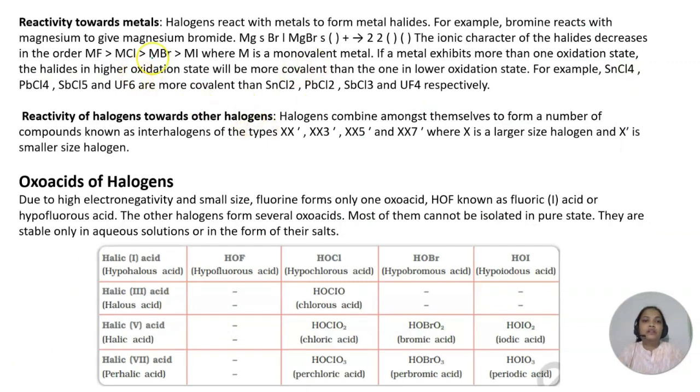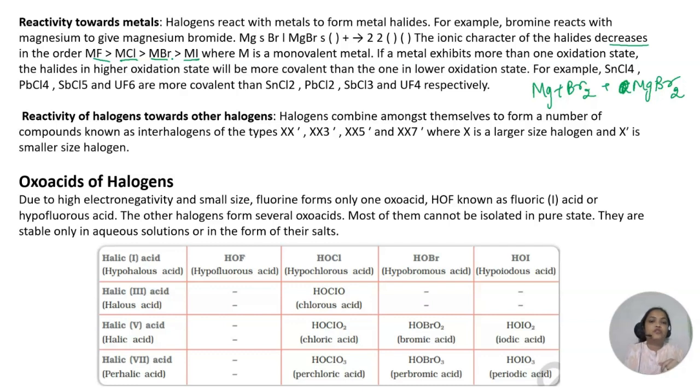Then you should know the reactivity towards metals. Like magnesium plus bromine, they will react together to form magnesium bromide. And the ionic character of halides decreases in the order MF, MCl, MBr and MI, means the ones with fluorine will be the most ionic.